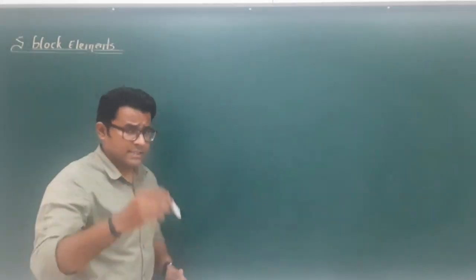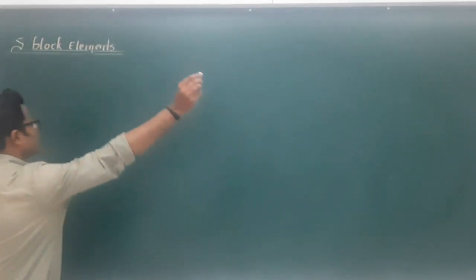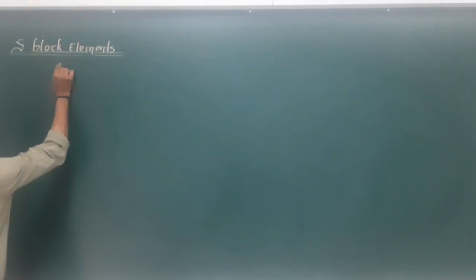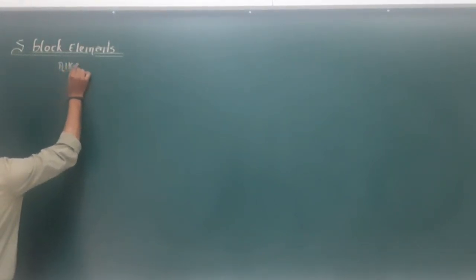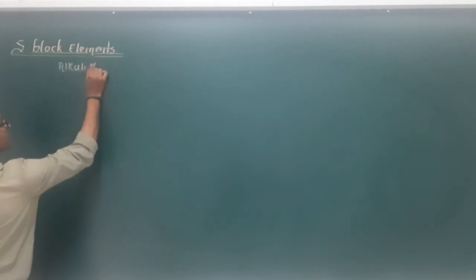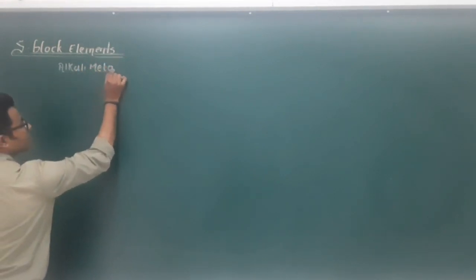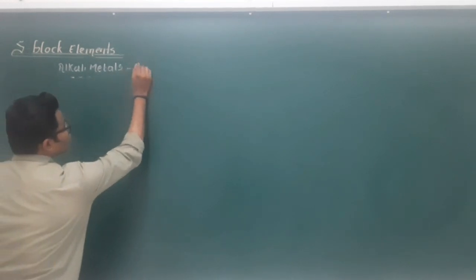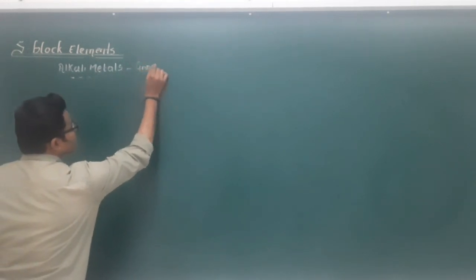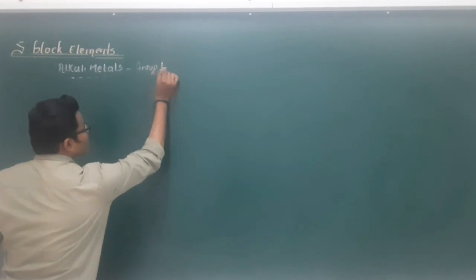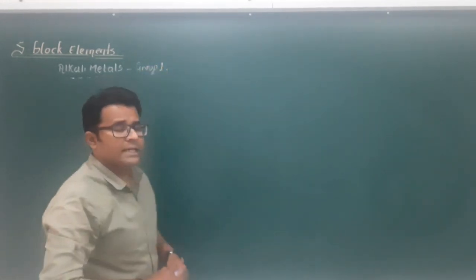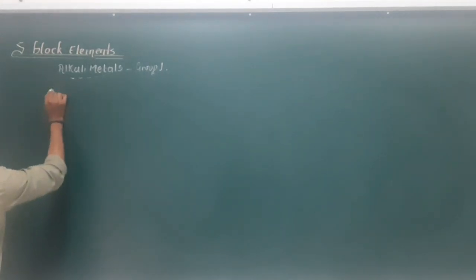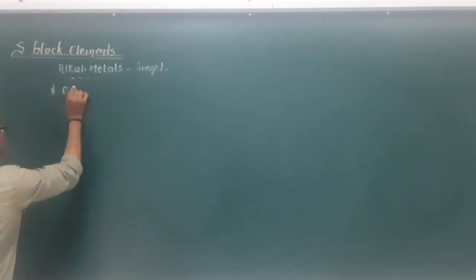Coming to the next section, when we take a look at the alkali metals, which are the elements of group 1, we need to look at their electronic configuration.